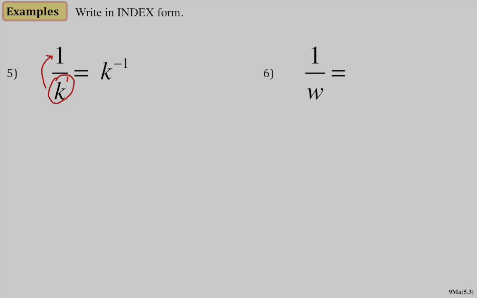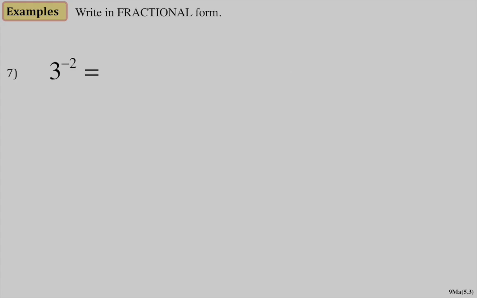So let's look at the next one. If you move the w to the power of 1 across the fraction line, you get w to the power of minus 1. Let's try example number 7. 3 to the power of minus 2. Think of that as being all over 1.